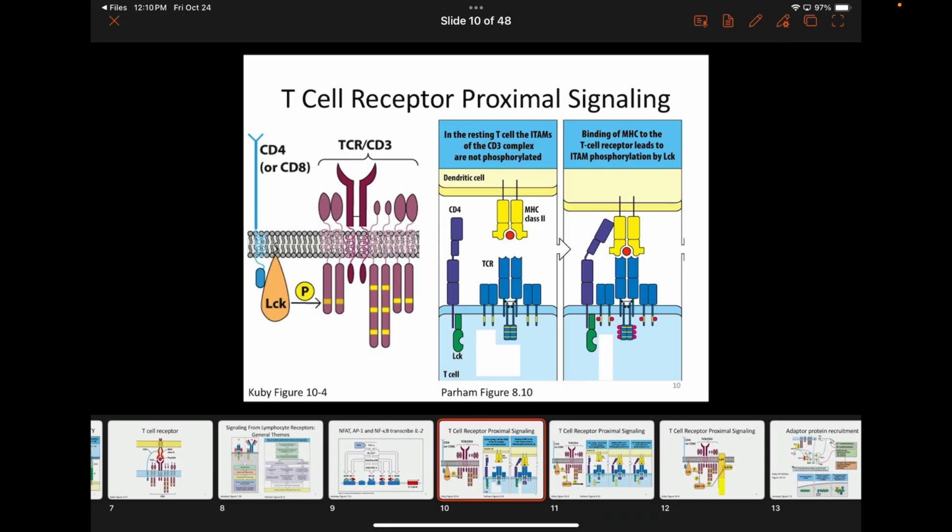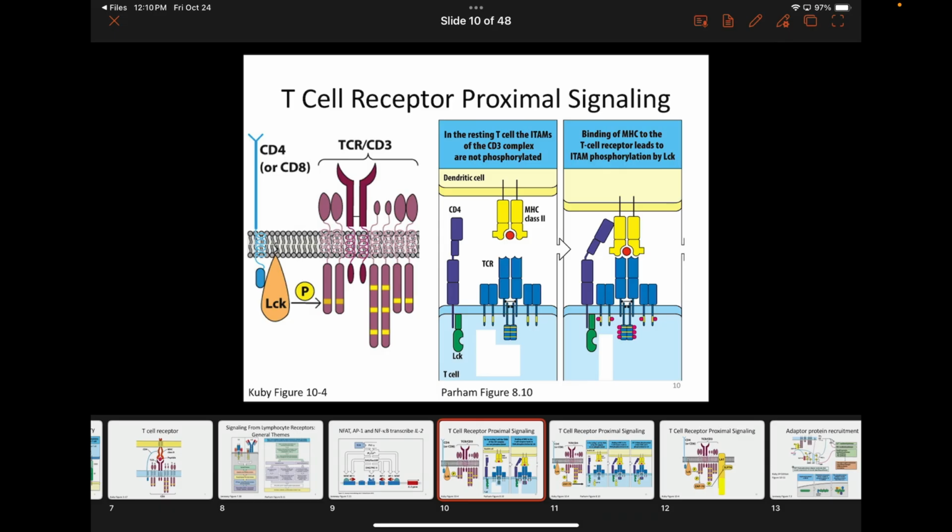The thing that's important with either LCK or FYN is they're both super closely related kinases. They're both in the same kinase family. So those of you who may be taking molecular biology of cancer with Dr. Dunaway, we've got LCK, we've got FYN. They're both members of the Src family.